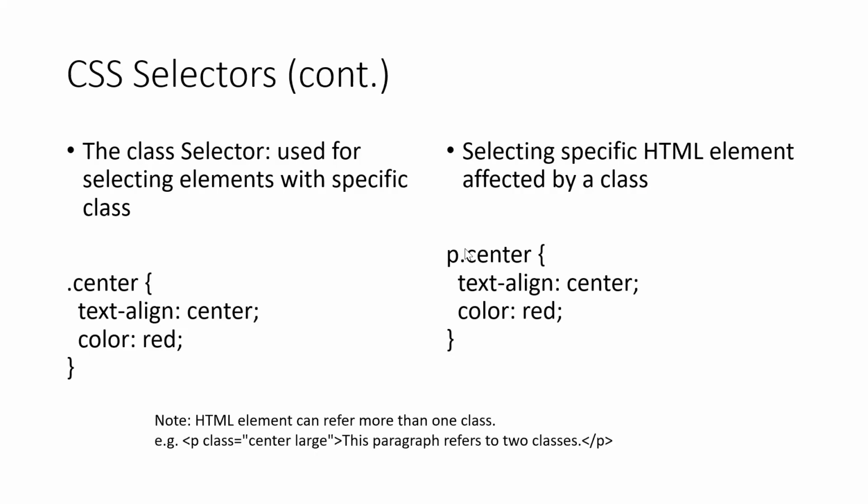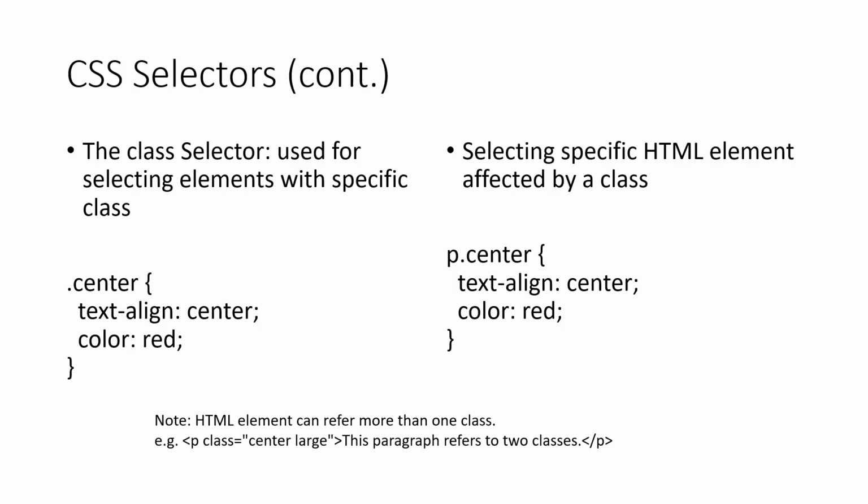And then you can have class selector, more generalized. In that case, you can use a very specific class, like here we talk about the class center, where we align the text to be centered and color to be red.